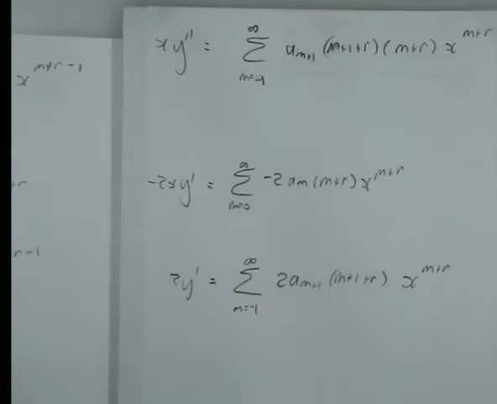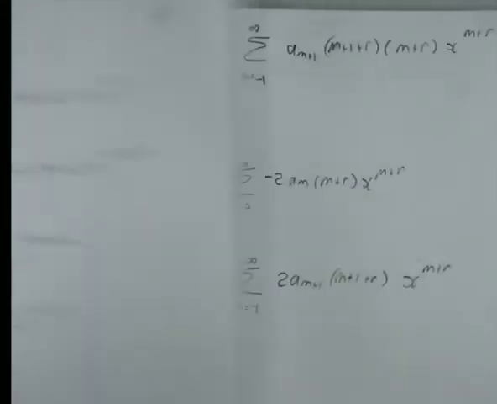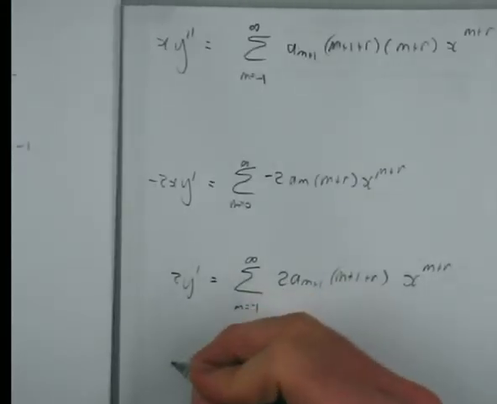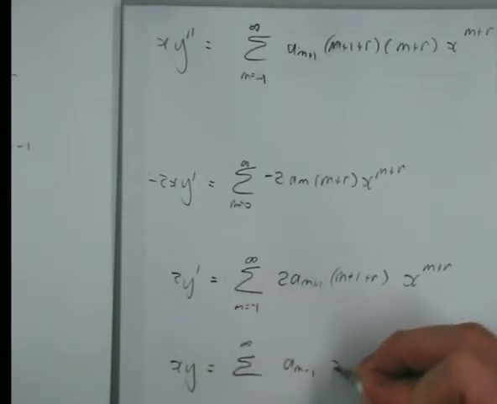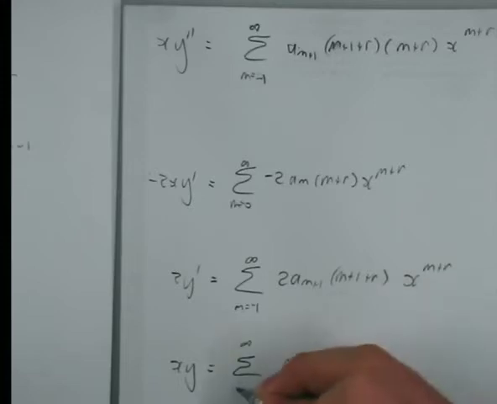Alright, and the xy was too high. It was at r plus 1, so I'm going to have to shift that back. So I subtract 1 from the m's and add 1 to this, because infinity plus 1 is still infinity.